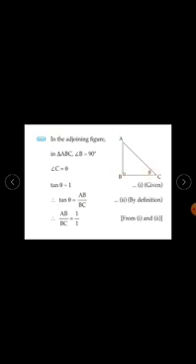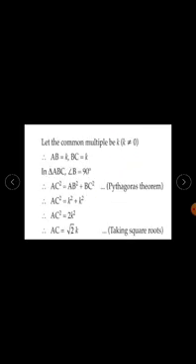AC square equals AB square plus BC square, which is k square plus k square, so AC square equals 2k square. Taking square root, AC equals root 2 k.